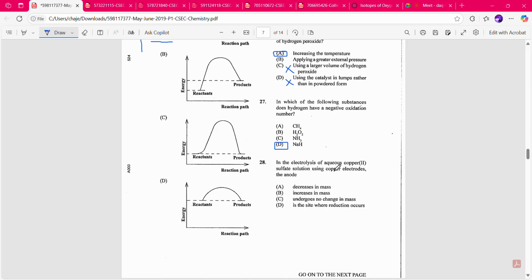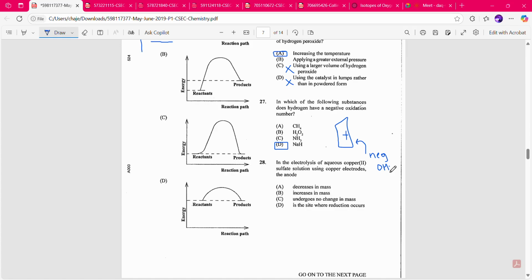We know that the anode will accept the negatively charged anions. These negatively charged anions are going to be OH.